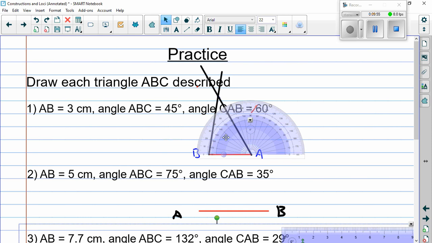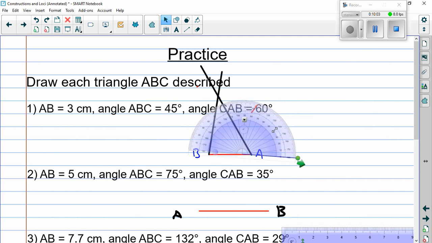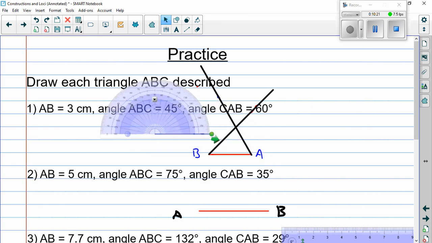So now this one would read 60 degrees. So that's correct, right? It's always good to go back and check, especially when you change something halfway through your question, if you make a mistake. So go back to our B. What's B supposed to be? Well, B is supposed to be 45, so I've done another mistake that needs fixing, right? So I can place it over here to a 45 point, and there. Now I know I've actually accurately drawn it.